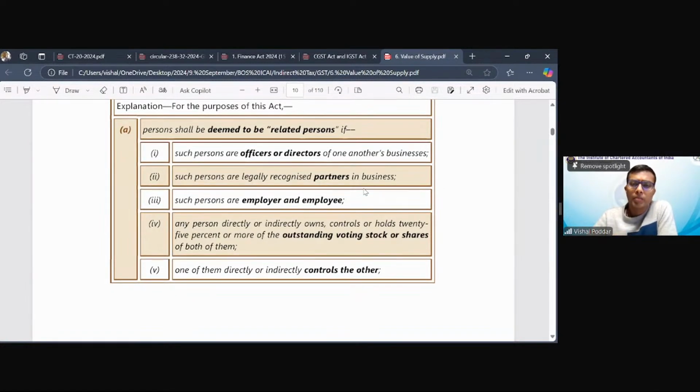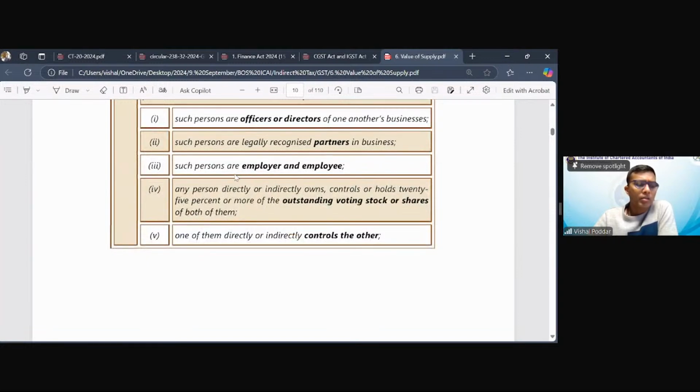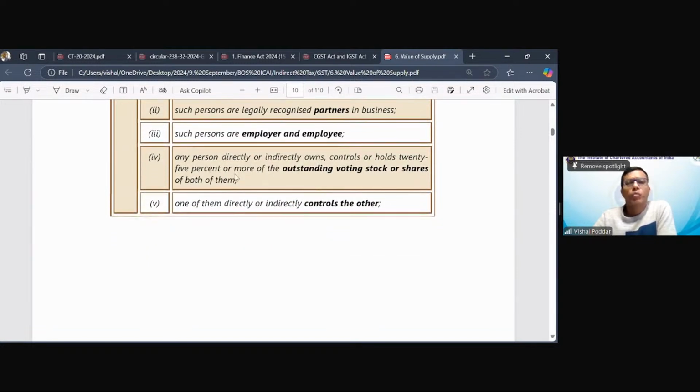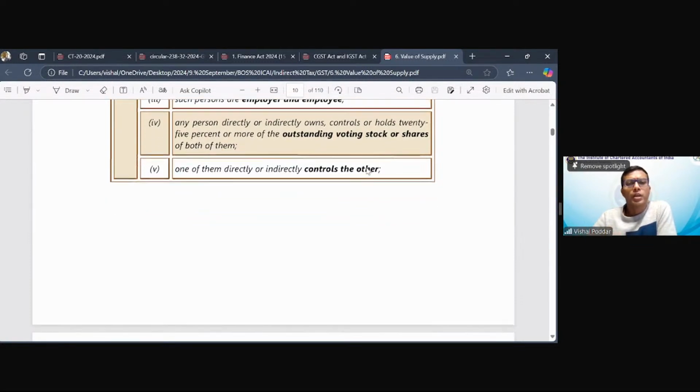So here the firm and the partner is covered. Three, they are employer-employee. Four, one of them is holding at least 25% of the voting stocks or shares, which means nothing but mainly the equity shares. Next, one of them is directly or indirectly controlling the other.